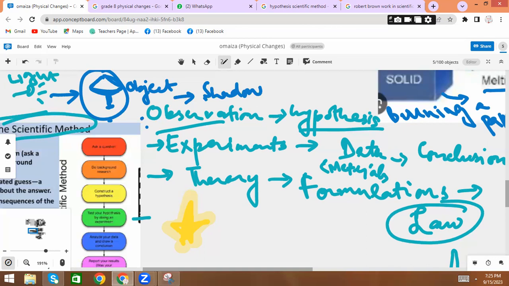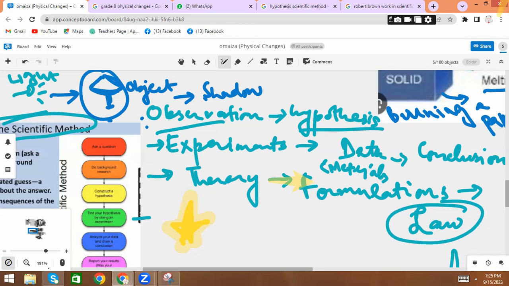This is the experiment. When this light hit the object, it cast a shadow. It didn't just go straight out of its body. So this is how the experiment was done.